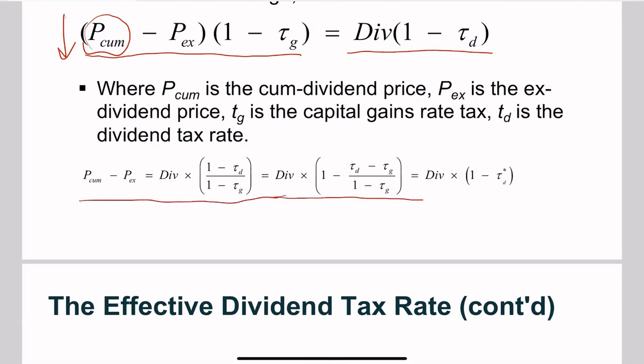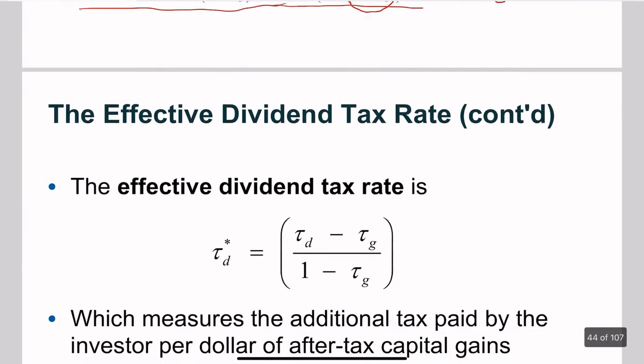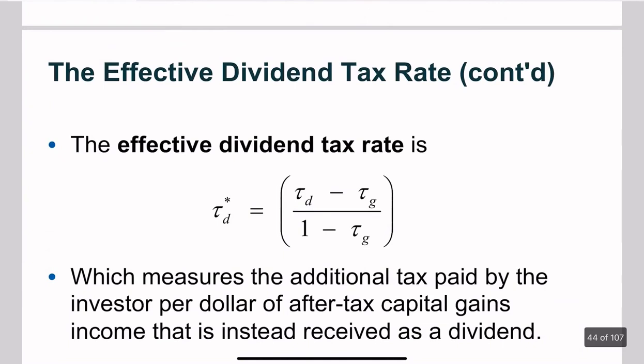And then we define this as the effective dividend tax rate, right? So basically the effective dividend tax rate is given by the actual dividend tax rate minus the actual capital gain tax rate, divided by 1 minus the capital gain tax rate.